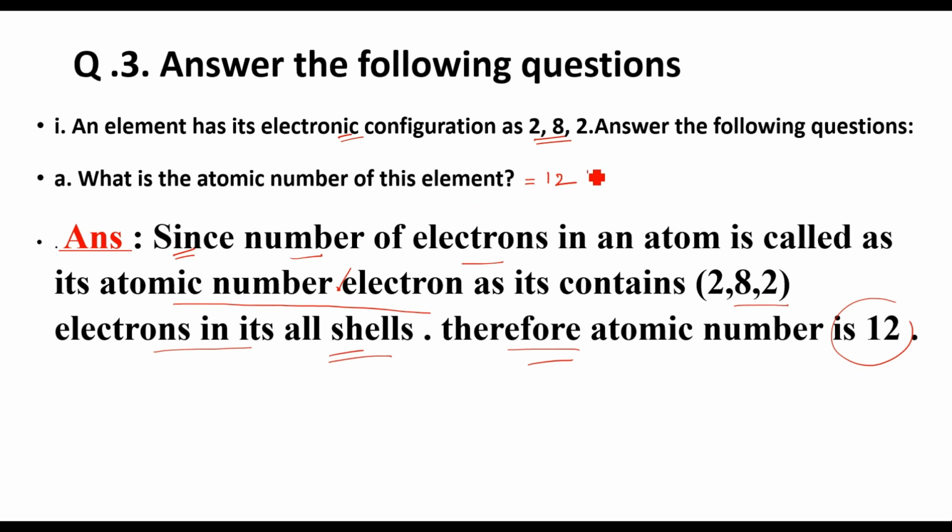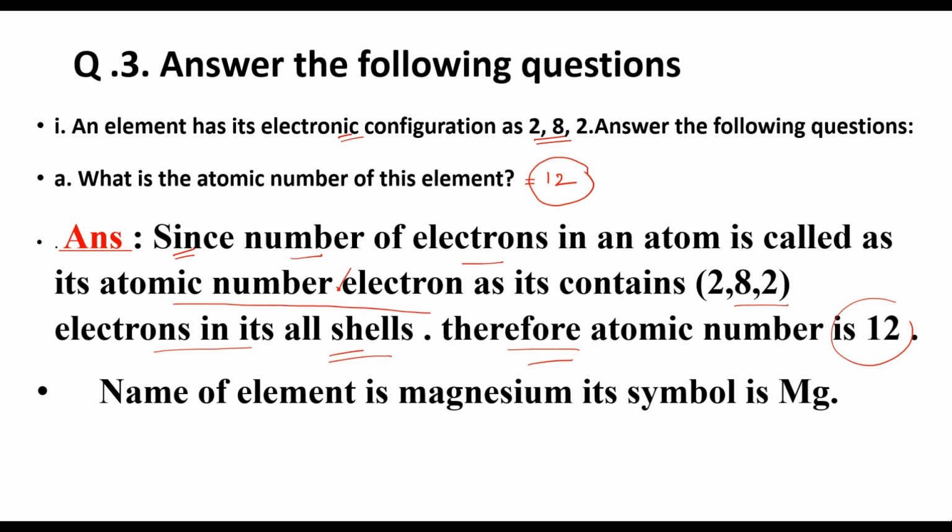Here I have written not only 12 as the answer, but also the proper explanation. So whenever you write the answer of such questions in science, keep these things in mind. Another thing is that atomic number 12 is magnesium, so the name of the element is also mentioned here. The element is magnesium and its symbol is Mg.